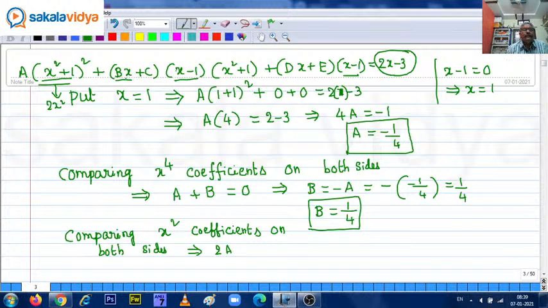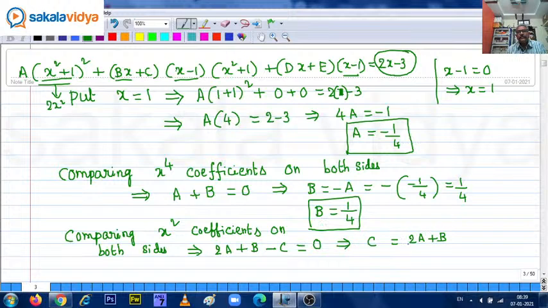So here you see bx into x, bx square, into 1, bx square plus b you will be getting. Then cx, c into minus 1, minus c x square, minus c equal to, there is no x square coefficient on the right hand side, so 0. So now we can write c equals 2a plus b.